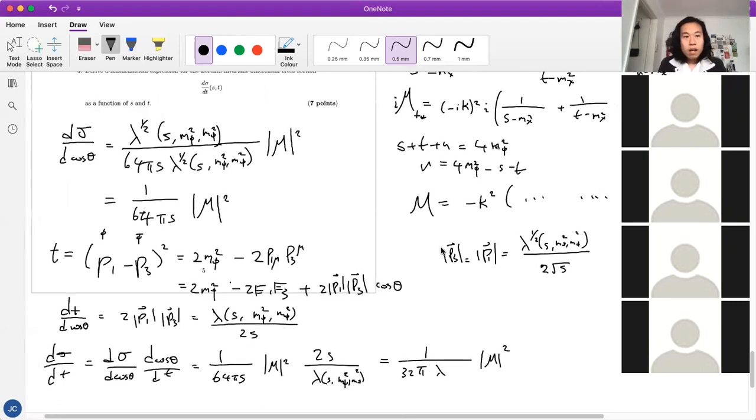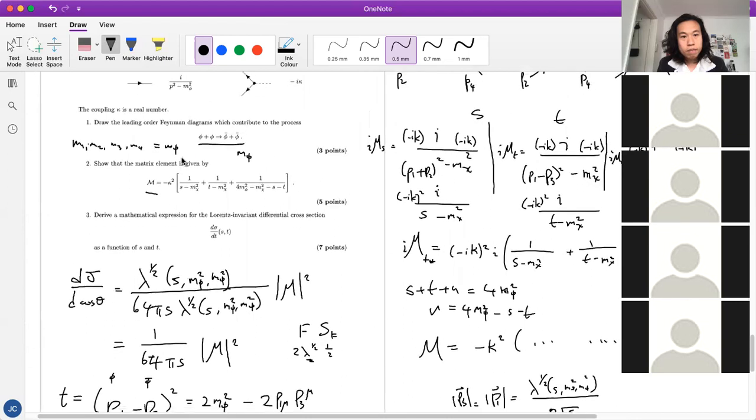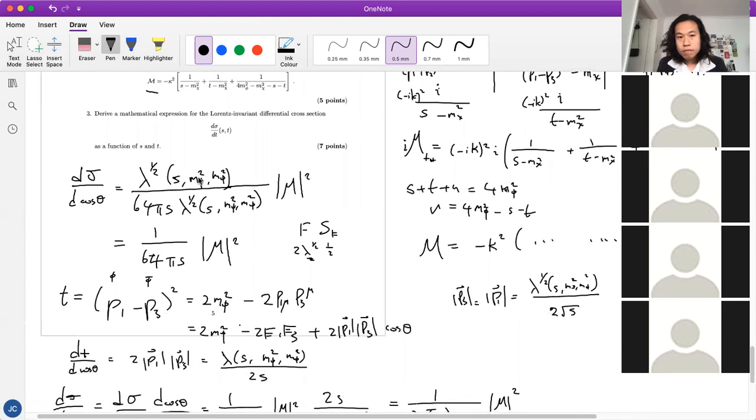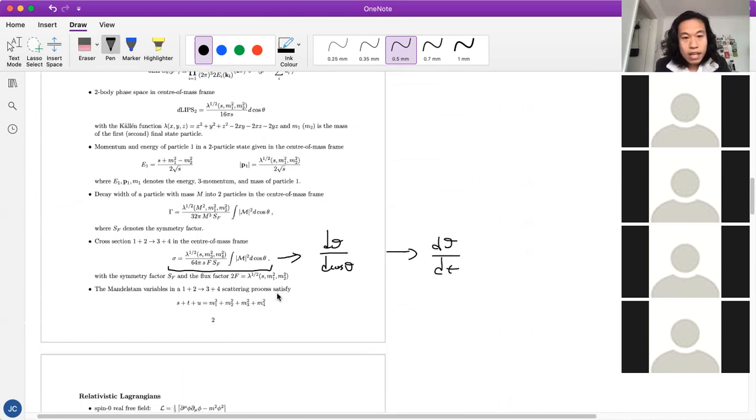Oh yeah, sorry, I skipped a step here. I expanded the bottom where f and also sf. So sf is equal to half, f is like 2 lambda half. Oh, sorry, maybe the other way around. What's f again? Flux factor. Yeah, sorry. Okay, so f is lambda half on 2, and then sf is equal to 2.